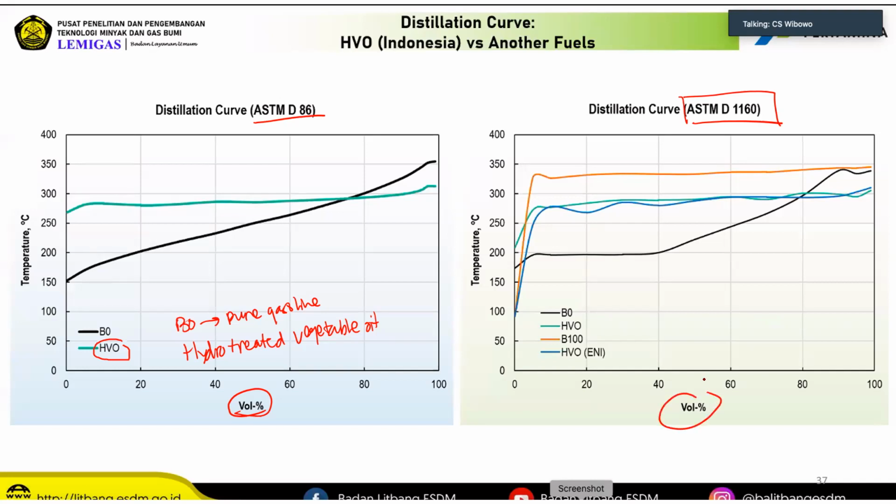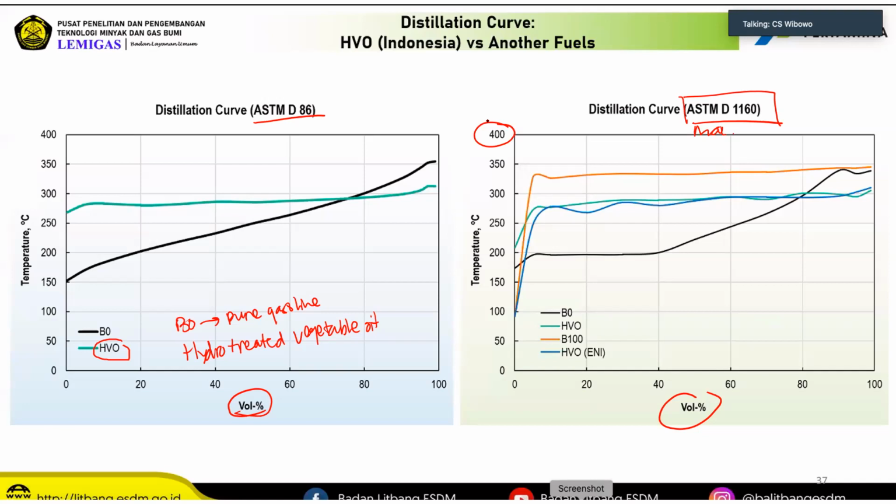And there is a maximum liquid temperature to completely vaporize all of the components inside the fuels. For the ASTM D1160, the maximum temperature is 400 degrees C. If it is above 400 degrees C, it means you need to do some modifications of the fuels. Same with the ASTM D86.